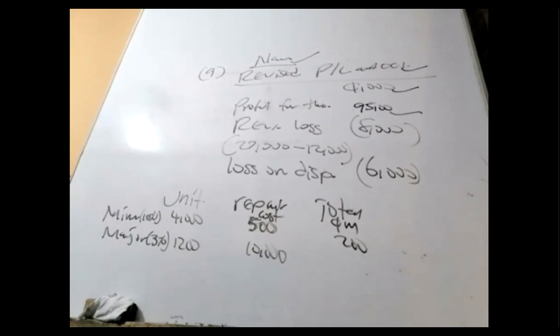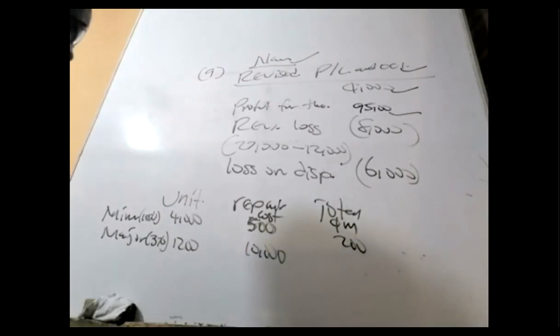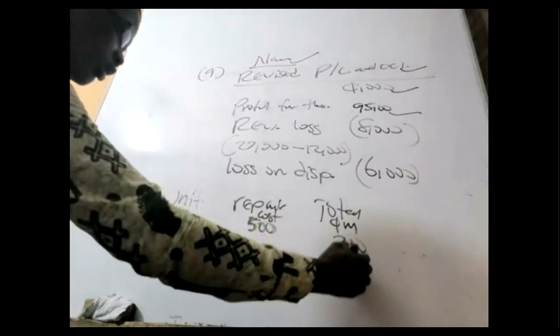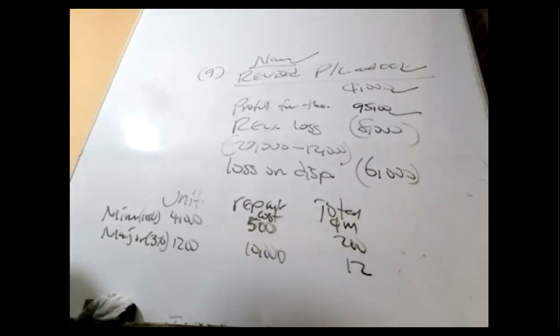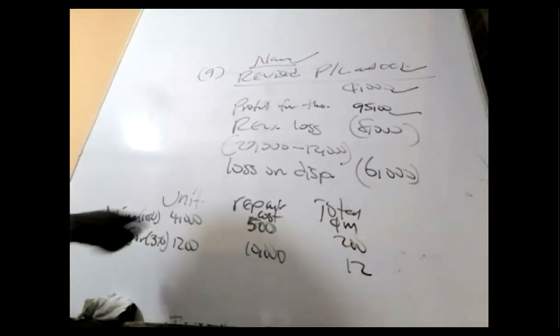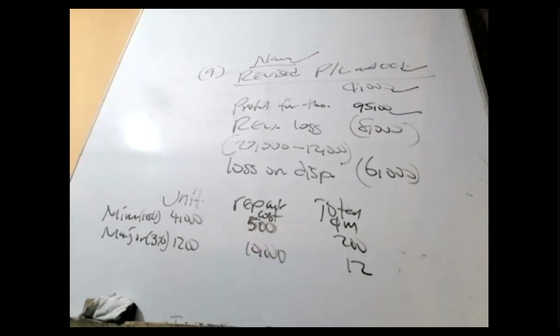So I can get 1, 2, so that's 12 million, right? 12 million. Can you confirm this for me? This one is 200 million.